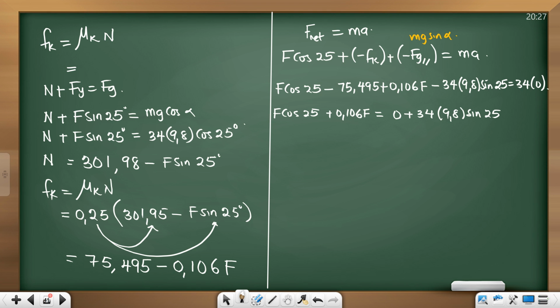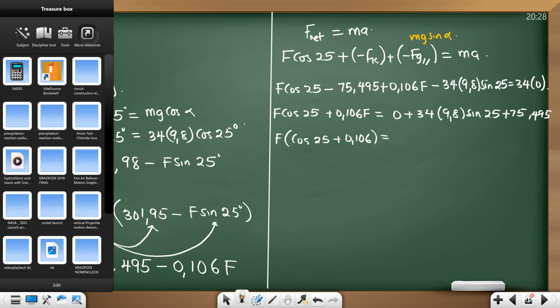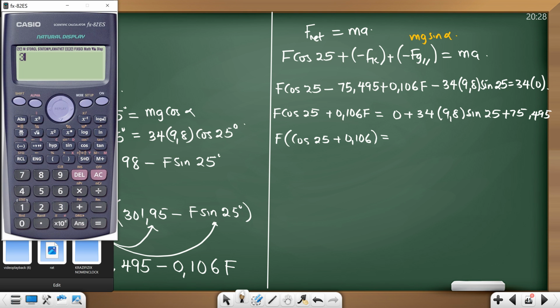It became positive. I'm also moving this over. Quickly, get me an answer on the right hand side. And I'm factorizing this. 34 times 9.8 sine 25, close the bracket, plus 75,495. Confirm.